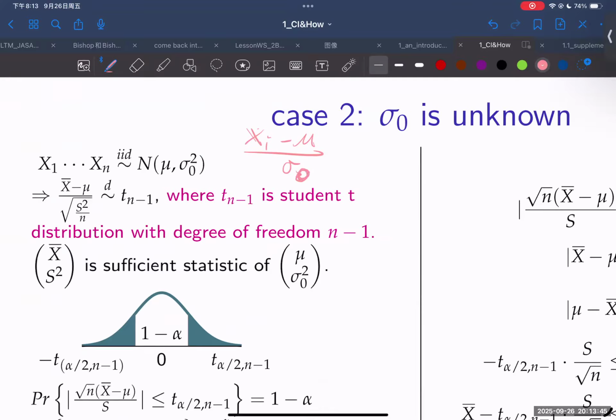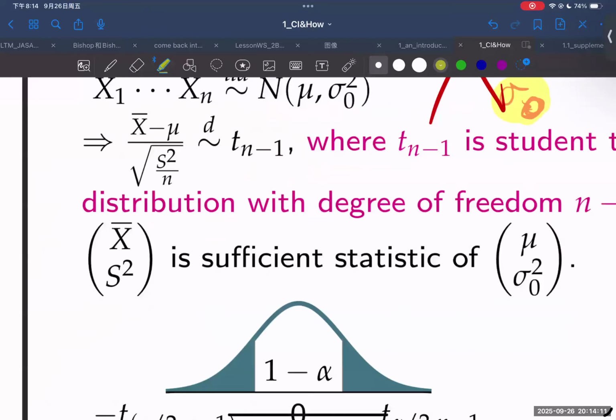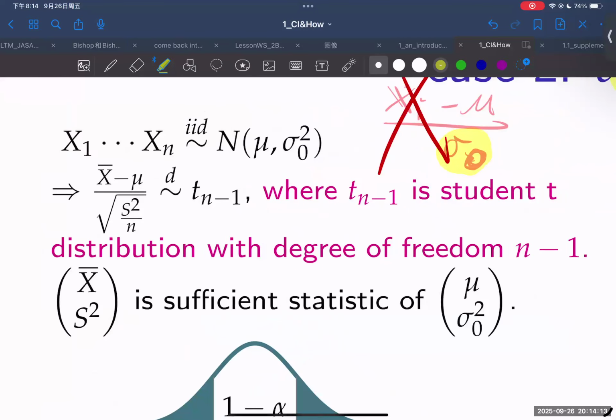The answer is no. The reason lies here: as I mentioned previously, sigma naught is unknown. You cannot put an unknown parameter into a test statistic. Otherwise, it is no longer a statistic.